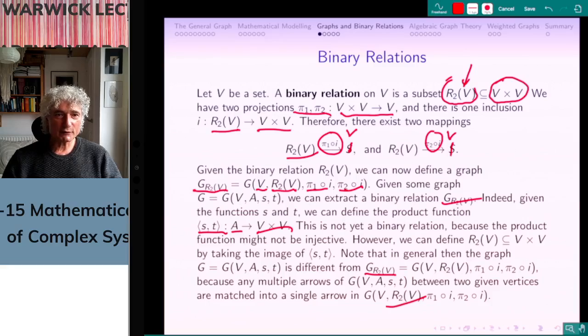I think this explains a little bit the relation between the general graph definition and the graph definition based on binary relations.